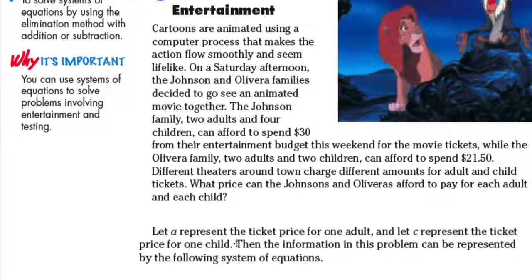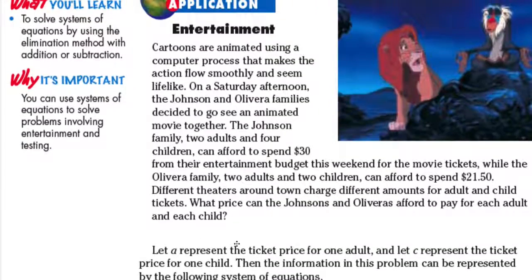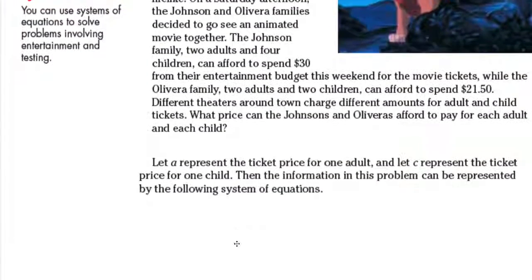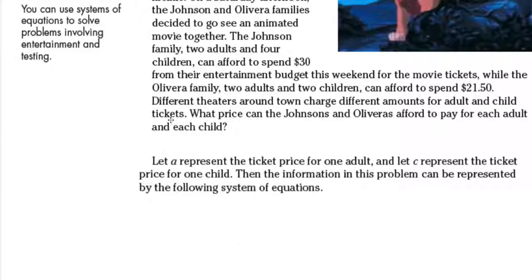Using the Oliveira family and the Johnson family, if we let A represent the price of an adult ticket and C represent the price of a child ticket, we have two equations.